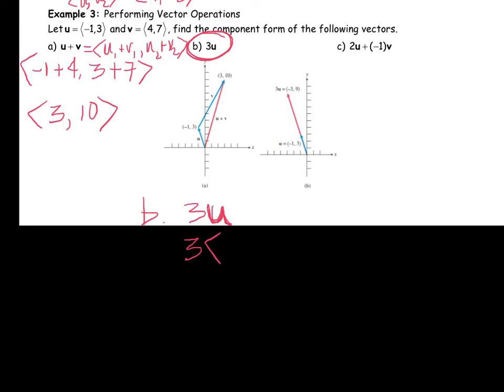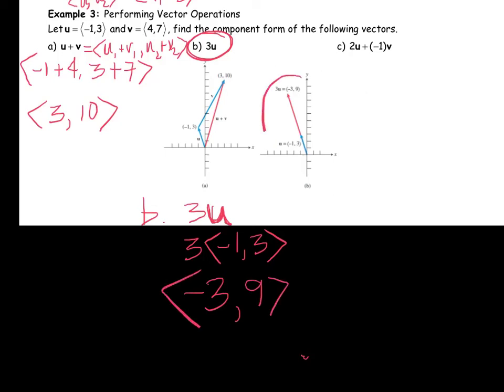My vector u is -1, 3. And I'm going to multiply 3 times each one of those units. So 3 times -1 is -3, and 3 times 3 is 9.